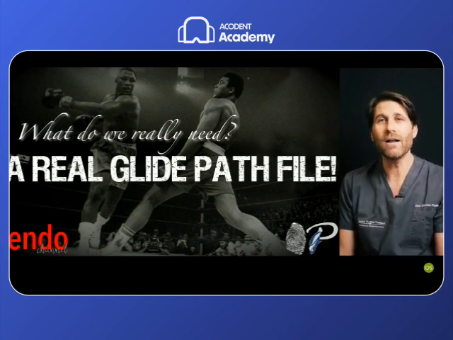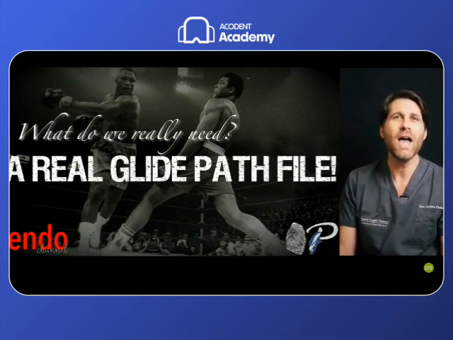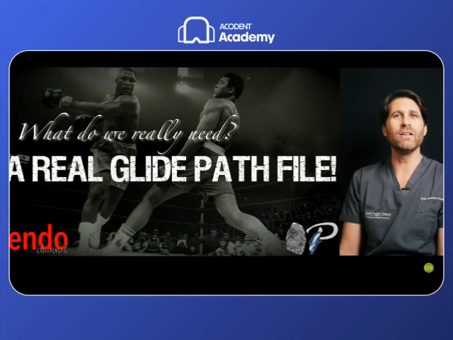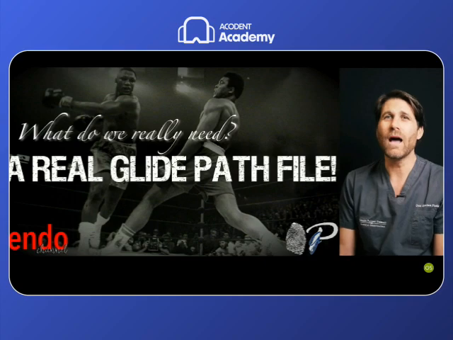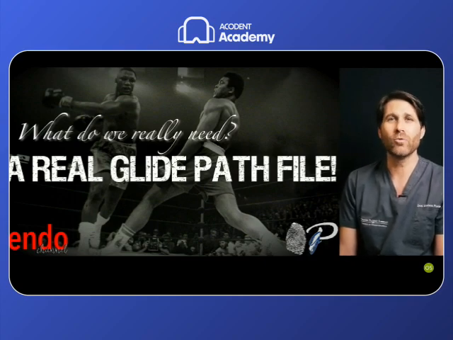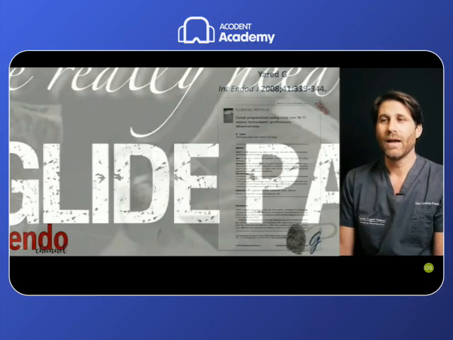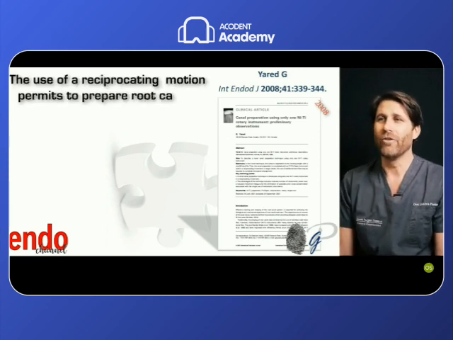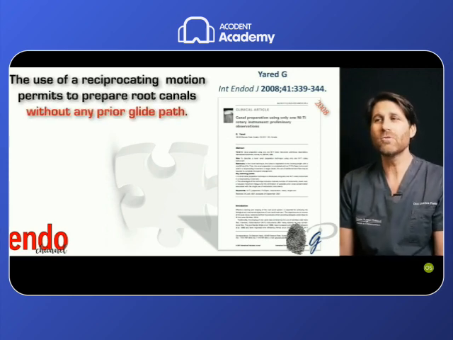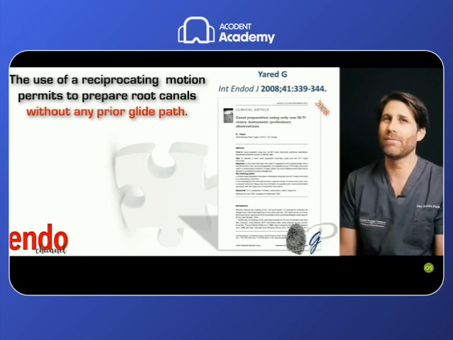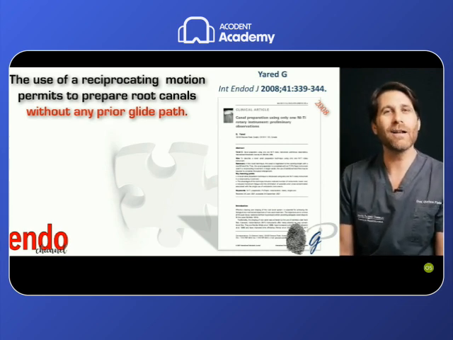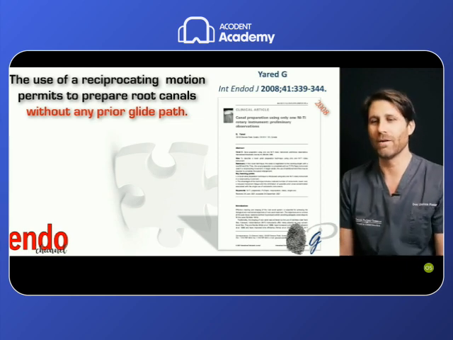We need a real glide path file that can be used only after a small scouting phase initially, in which we can arrive at the working length without any work, because there is a natural path that is scoutable. And so the use of a reciprocating motion permits preparing root canals without any prior glide path, as I have clearly explained in the previous module of this endodontic channel, when I described the ideal characteristics of an instrument for root canal preparation.